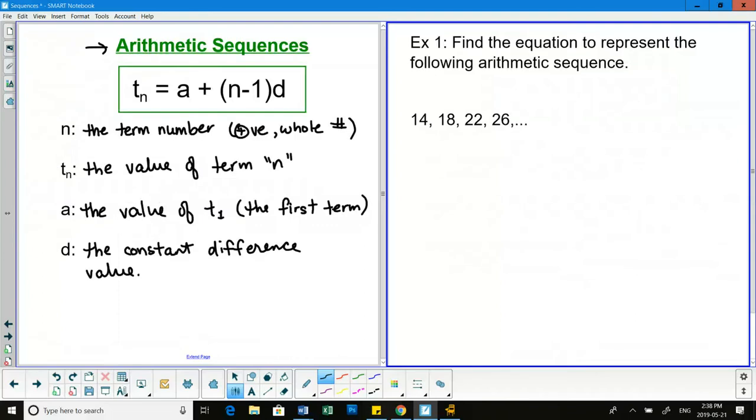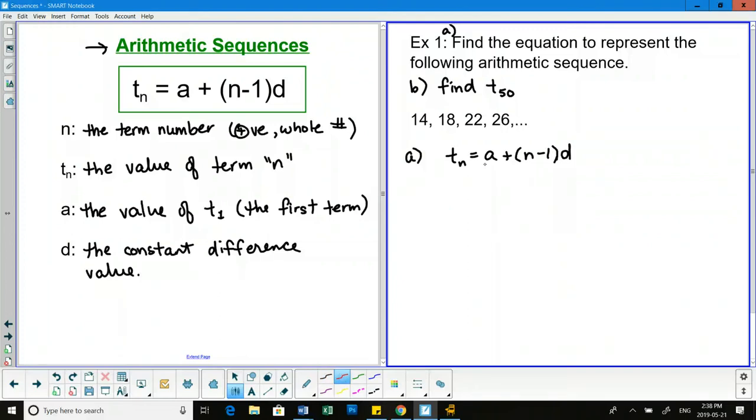Okay, so we're going to find an equation to represent the sequence. And then for the second part here, I want us to find the value of term, let's say, 50. We're going to find the value of term 50 after we find the general equation. So I am looking to fill in two things in this equation that I just broke down for you guys.